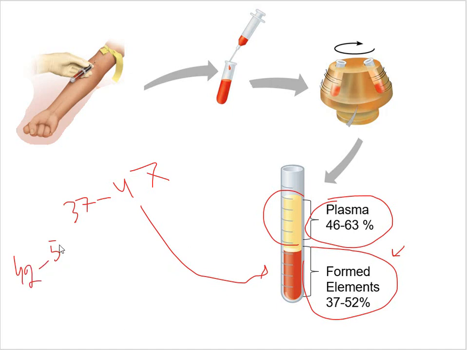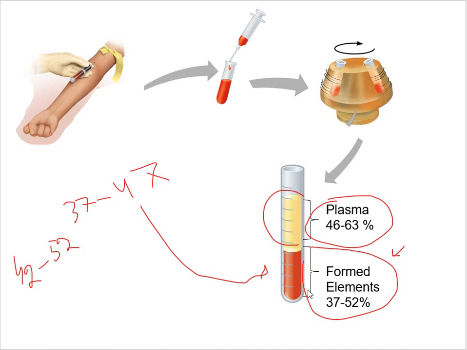Males have a higher proportion of red blood cells compared to females, and that percentage of the red blood cells is the hematocrit. Because 99.9% of the formed elements are red blood cells, we can say that this percentage represents the percentage of red blood cells.